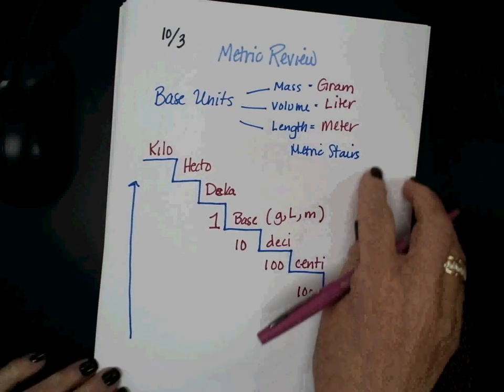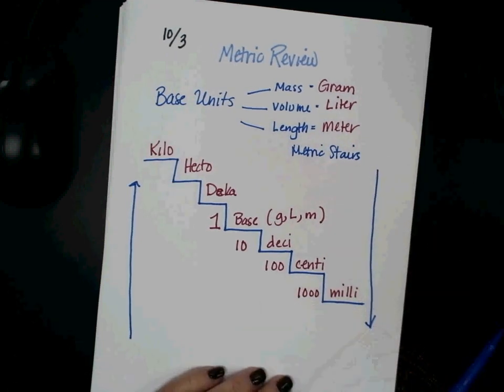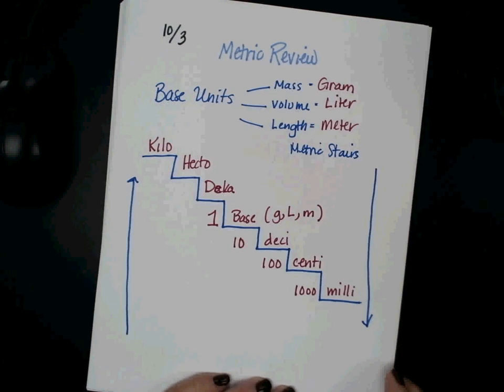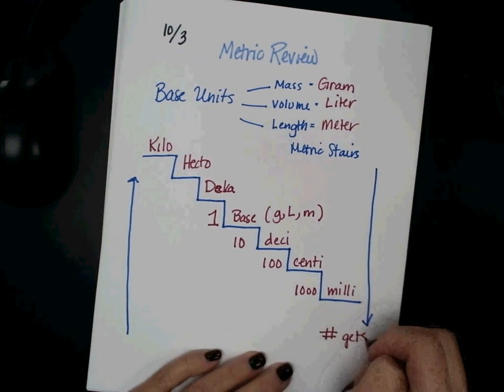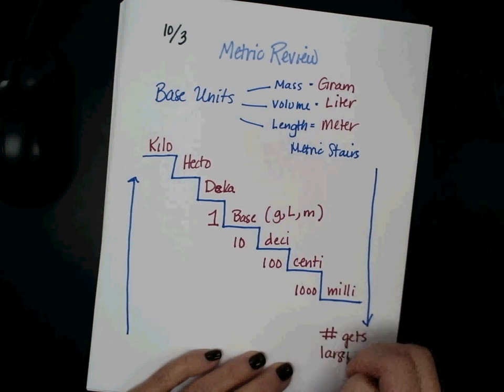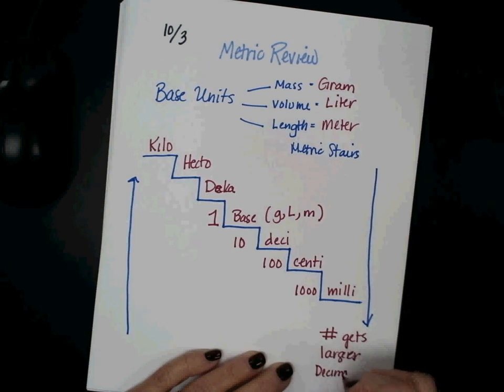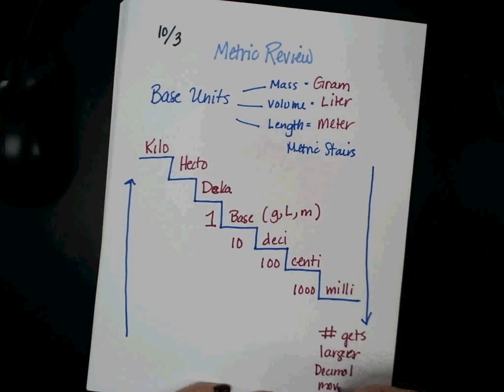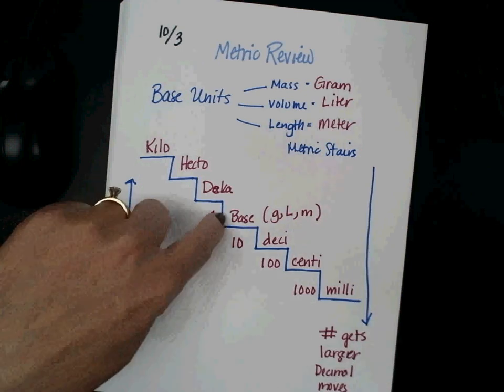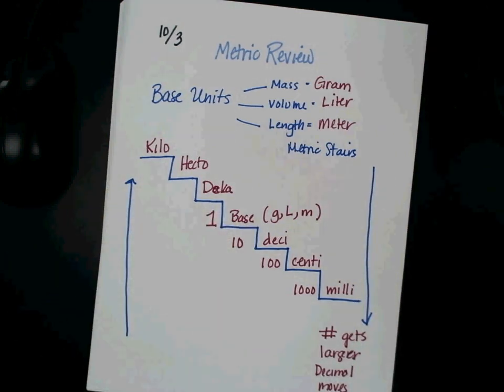So as I'm going down the stair steps, what's happening to the value of the number? Yeah, okay. So as I move down, my number gets larger. And my decimal does what? What way is the decimal moving, right or left? Decimal moves right. So I can look at this and I can say 1 meter is equal to 1,000 millimeters.